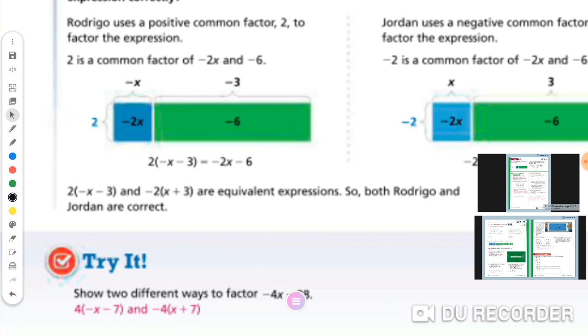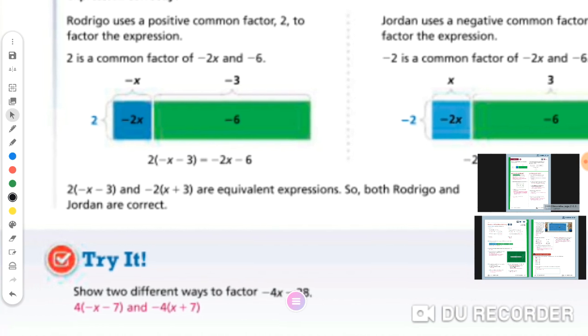So the expression at the end is negative 2x plus negative 2x minus 3 minus 2x minus 6, and we can add negative to become positive. Yes, it will be positive.